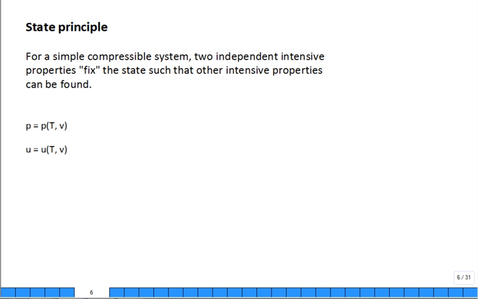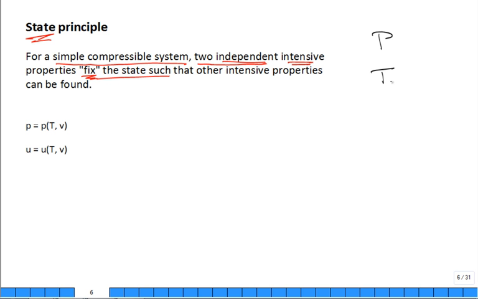State principle. Did we talk about this already? For a simple compressible system, that's the things that we're interested in, two independent intensive properties fix the state such that other intensive properties can be found. What's our list of properties?